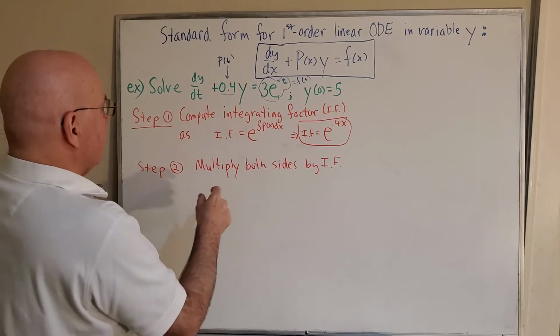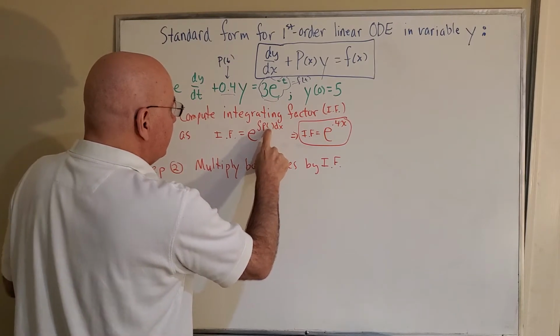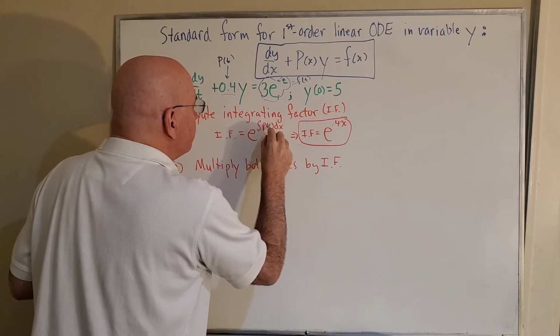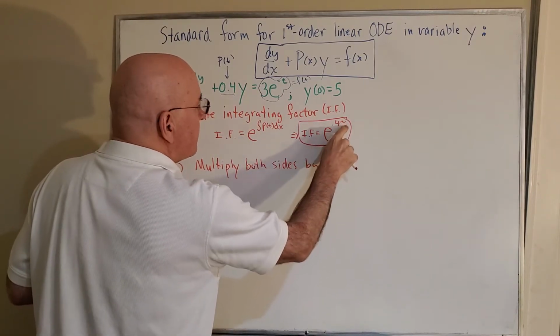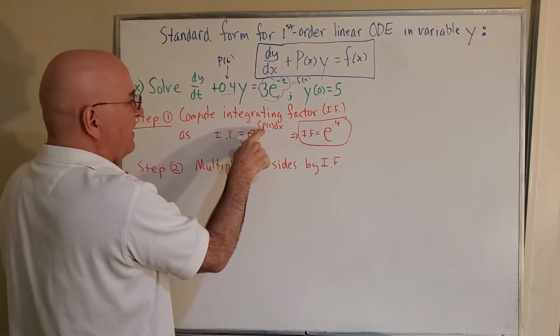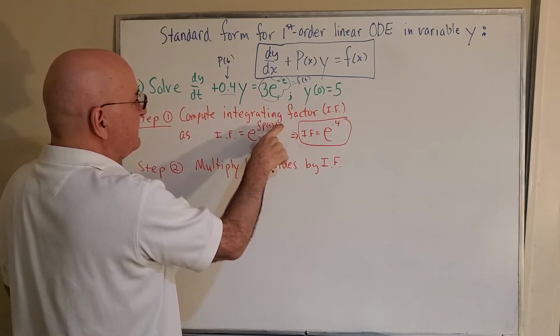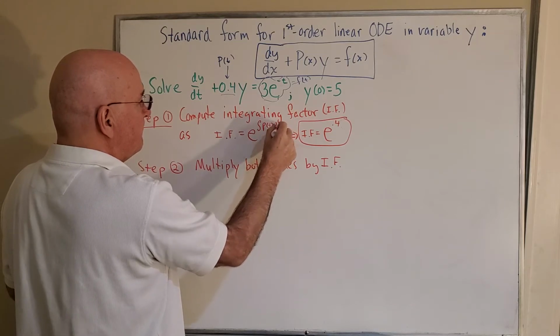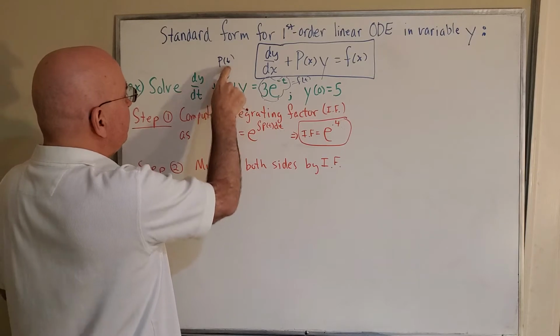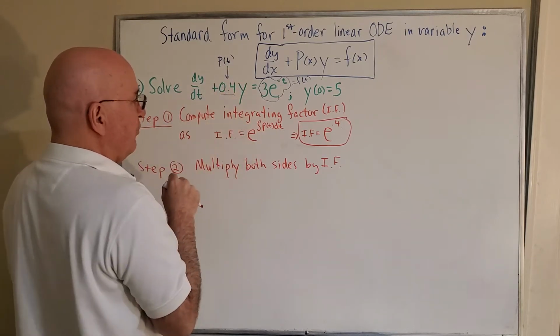Okay, so it looks like I already started incorrectly. The integrating factor is simply e to the integral of p of t dt. Okay, so I took e raised to the integral of p of t, which is just the number 0.4.